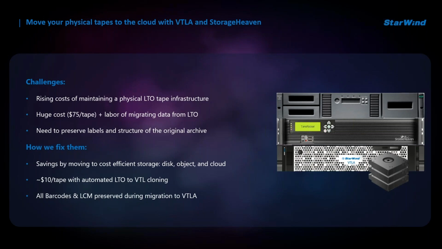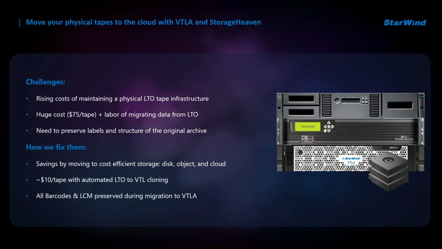Usually the tape migration from, for example, old tape to a new tape, or from old tape to a file storage, will cost around $75 per tape and involves a great deal of human effort.